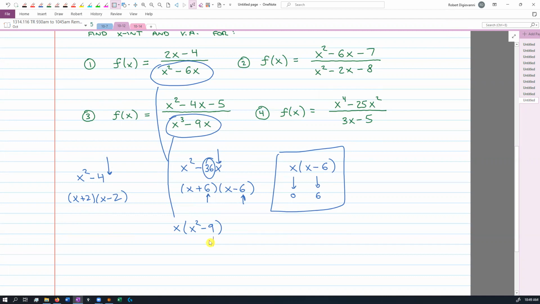And I ended up getting -3 and +3, but I brought down the 0. Yeah, exactly. So that one is difference of squares because you have a 9 here. 9 breaks down to be 3 and 3. So that works. Hope that makes sense.